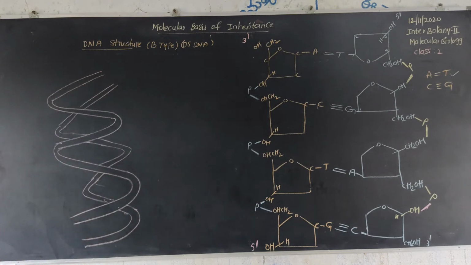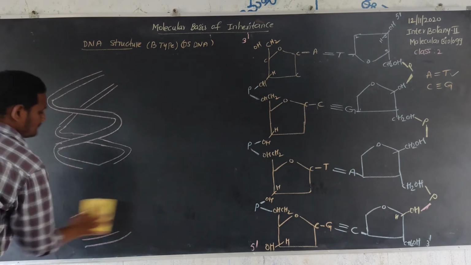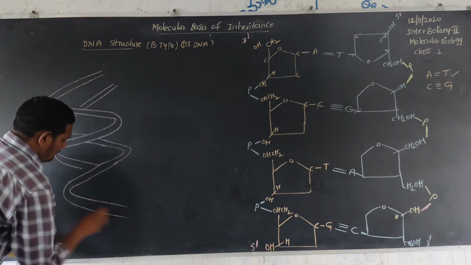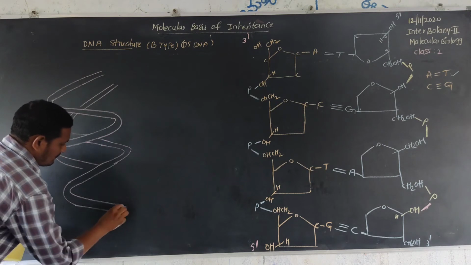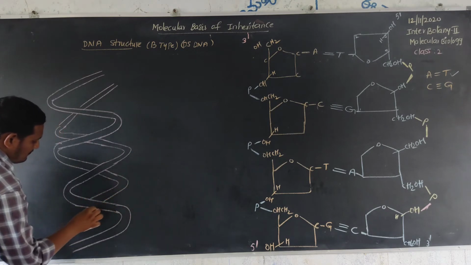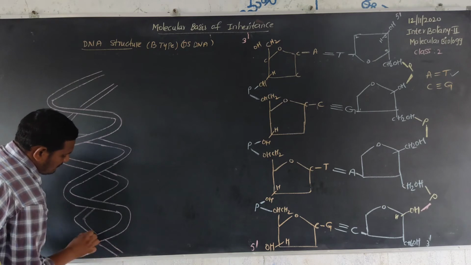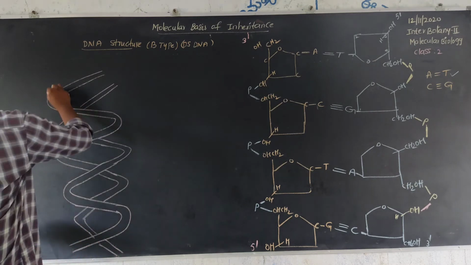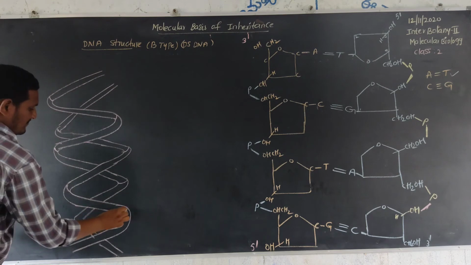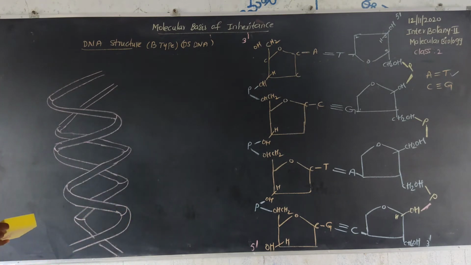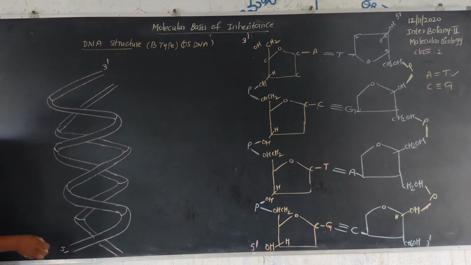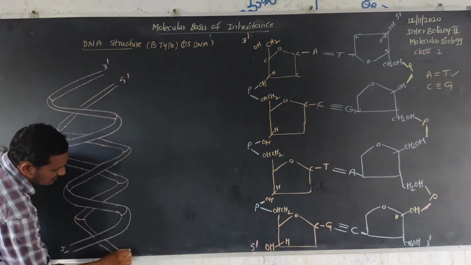Both are anti-parallel in direction. So this is the DNA double helix structure, which mainly contains a three prime end, and the opposite helix, another helix, has a five prime end. Here five prime, and its opposite is three prime.